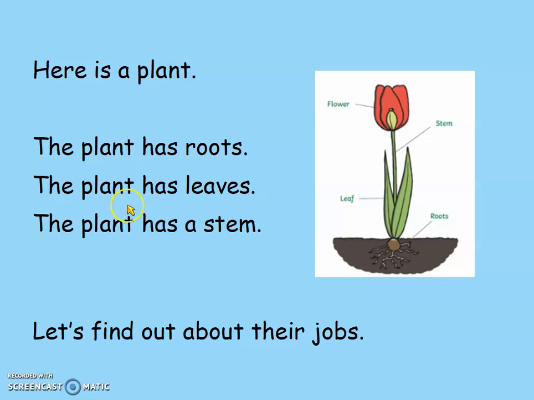The plant has leaves. We've got our leaves. The plant has a stem. The stem is the long stalk in the middle of the plant. Let's find out about their jobs.